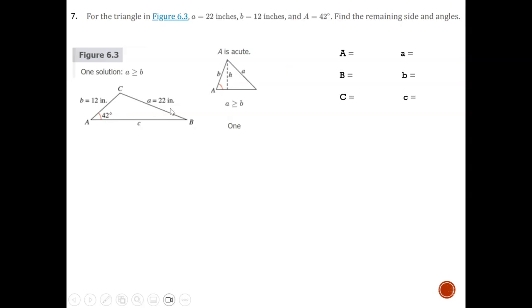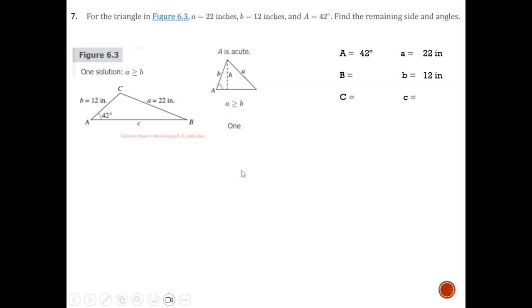So what's given here is A is 42 degrees, little a is 22, and little b is 12. Okay, now here, guys, they give us a pair, which is angle A and little a, side A. So this is the property that I'm going to use.